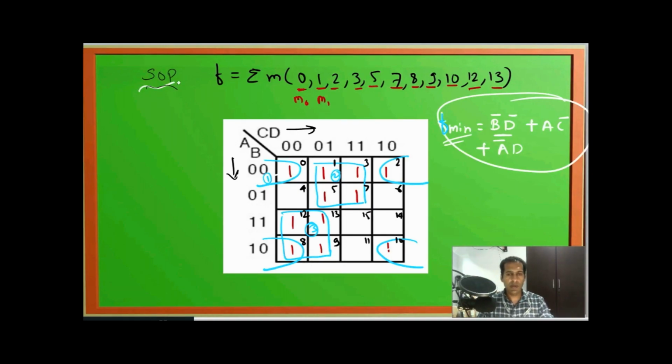Now in a similar way we have to solve the POS K-map. The POS K-map will be for the remaining terms. The remaining terms, as we have just seen, are 4, 6, 11, 14, 15. In POS form we have to mark them with zeros.